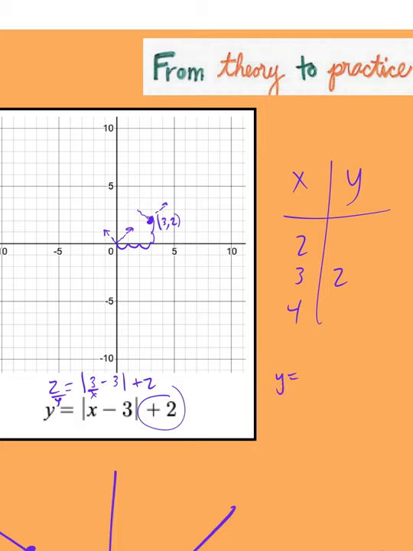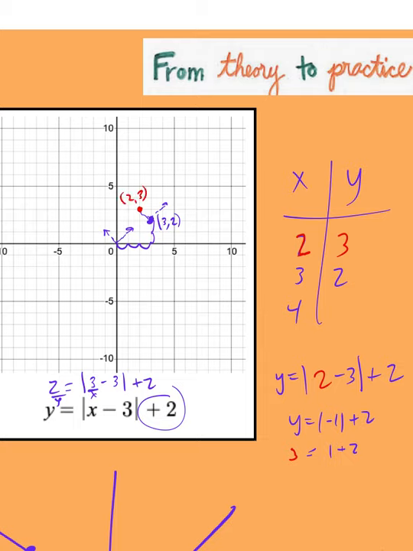This is our x of 2. Then we subtract 3 and add 2. So that would be y equals the absolute value of negative 1 plus 2, which is 1 plus 2. So the y here would be 3. So that means when x is 2, y is 3. So that would be right here at, not negative 2, just 2, at 2, 3.